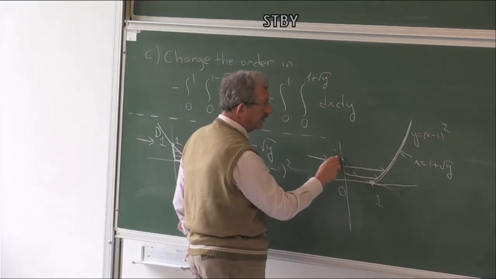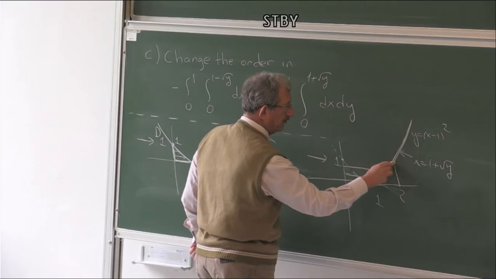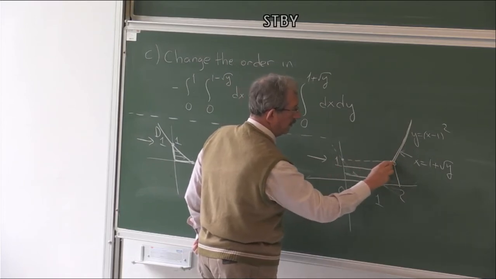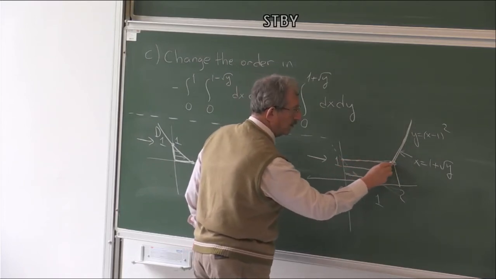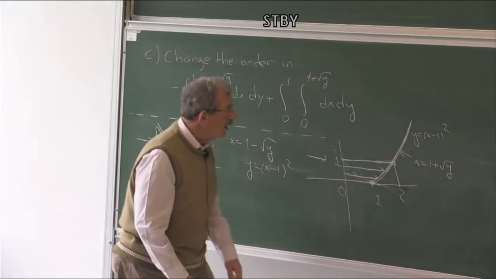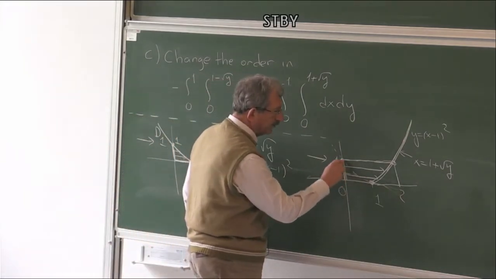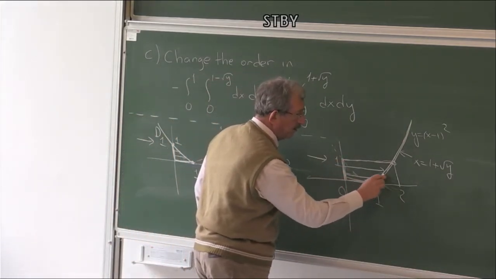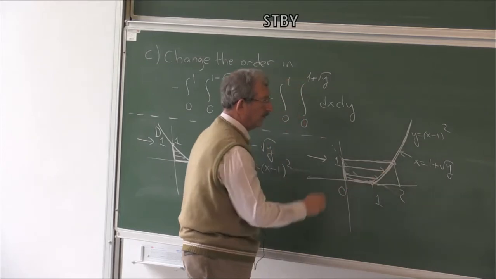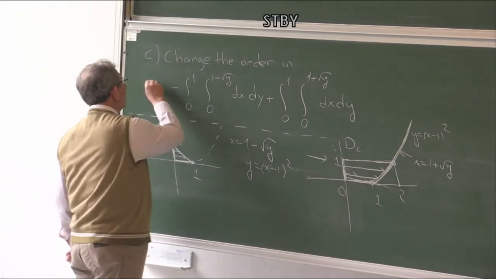Well, 1 is here, and it is also somewhere here. At 2 or 0, y is 1. So we end up with the following region. This is our D2.